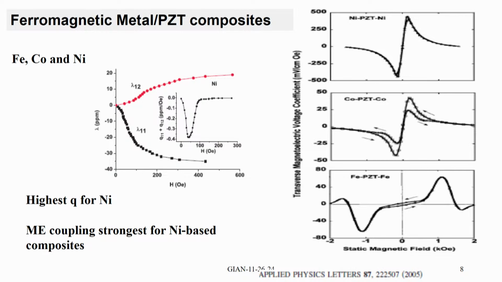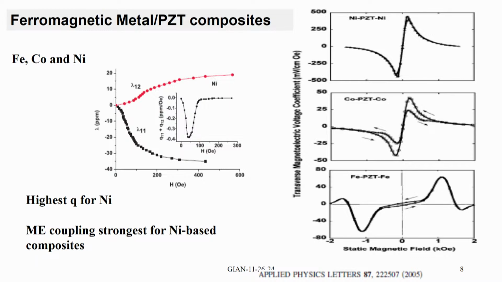Iron, it has very peculiar characteristics. The magnetoelectric voltage coefficient has a small hysteresis around 0 static field, then it reaches maximum, then there is a change in the sign around here. They essentially track how Q changes with H. Okay.